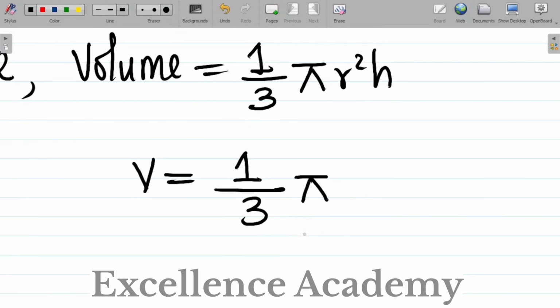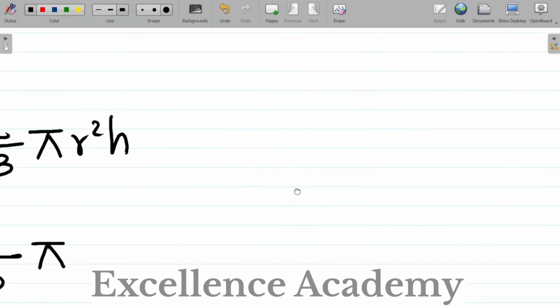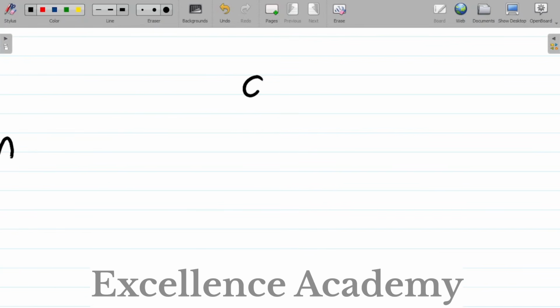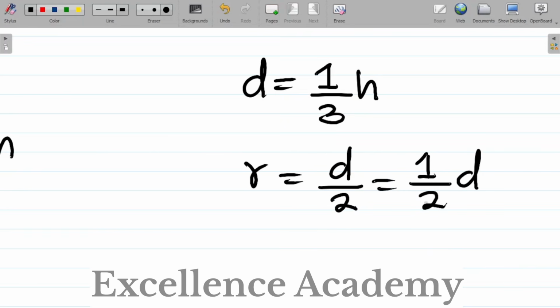r squared h, but we know that we can express r in terms of h, right? Because if you go back to this, we know that diameter, as we said, is equal to 1 over 3 times the height, and radius is equal to half of diameter. That's diameter over 2, which is equal to half times diameter.